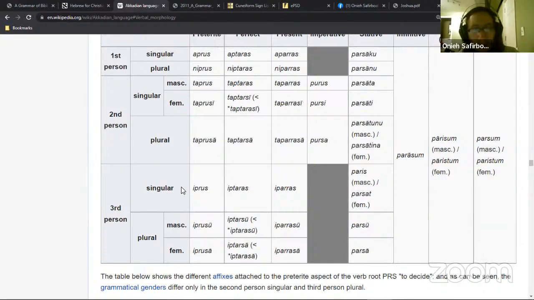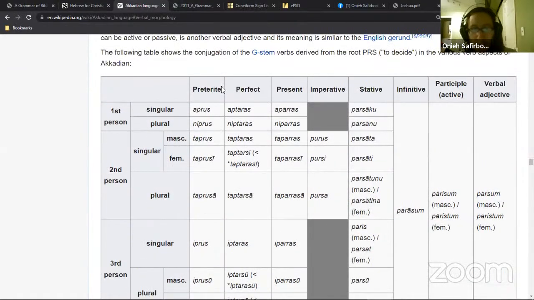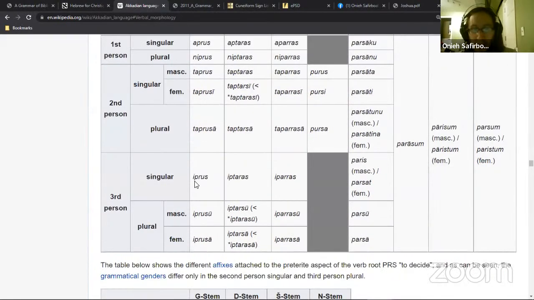Yeah, so third person singular is the same for both masculine and feminine. For the preterite in Akkadian, but this corresponds to the imperfect in biblical Hebrew.